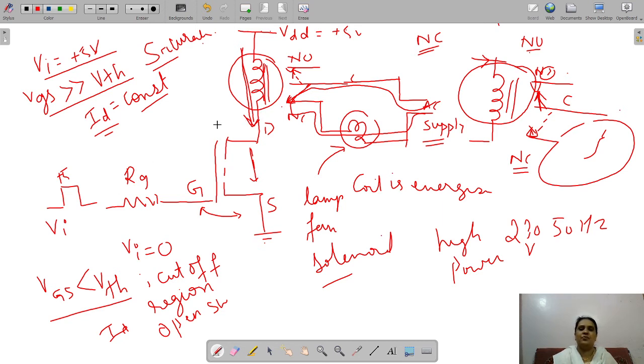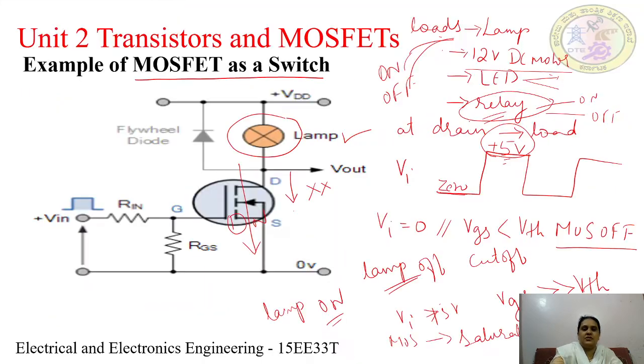By the switching operation of a MOSFET. So the MOSFET as a switch is very much useful for switching operations. High frequency switching operations can be done with a MOSFET as a switch, where we have taken an example of a lamp and extended our example to the connection of a DC motor, a LED, or a relay.